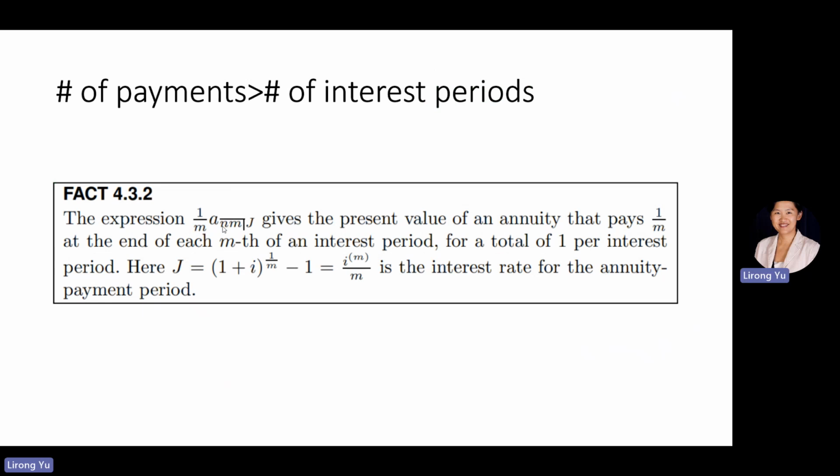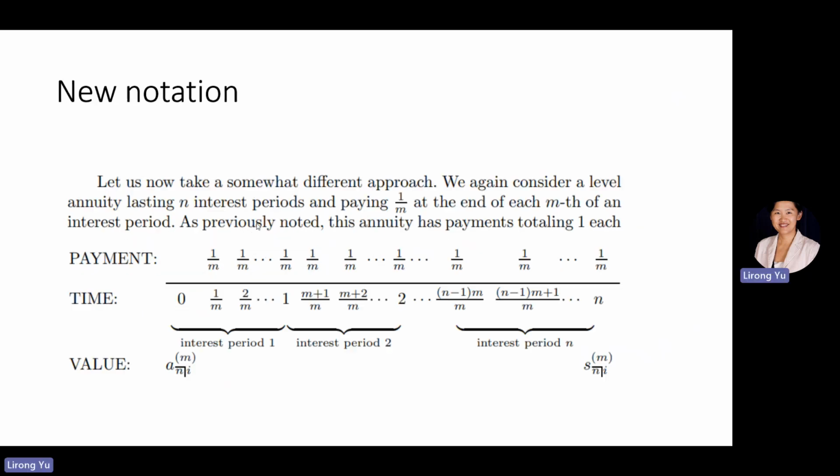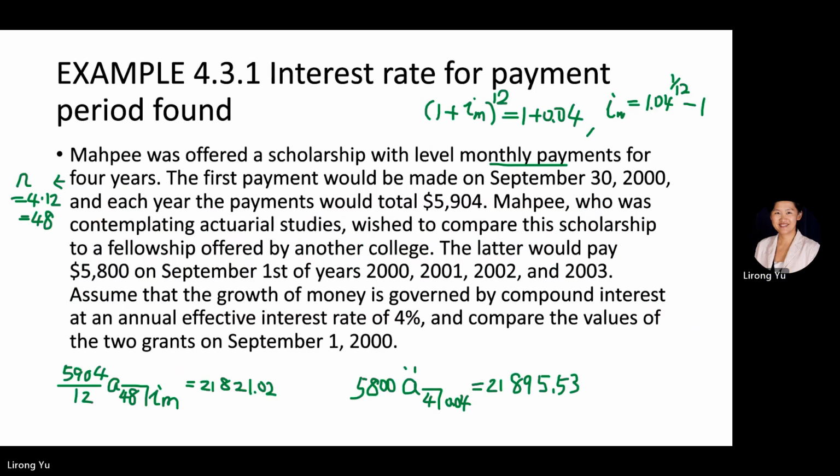We're using n to represent the number of interest periods. M represents the number of payments per interest period. So n times m is the total number of payments. The capital J is representing the IM here.